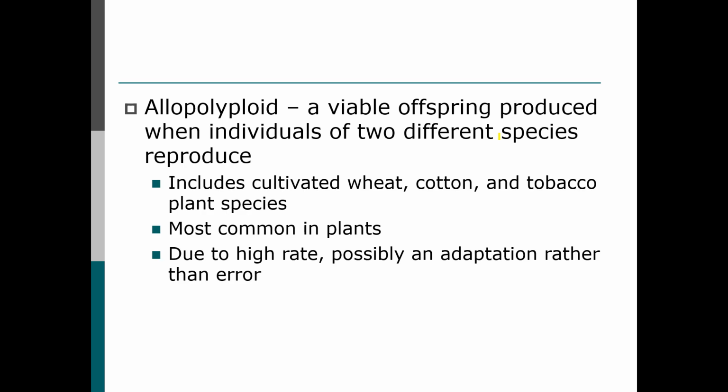So it essentially creates this hybrid plant, and then that hybrid plant could carry on that new chromosome number. And so what can happen is we can get, once again, a new species of plant relatively quickly.